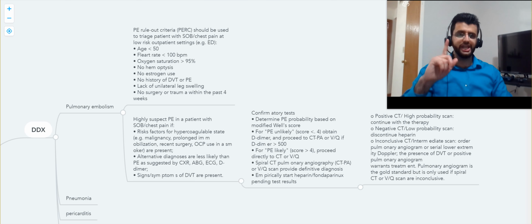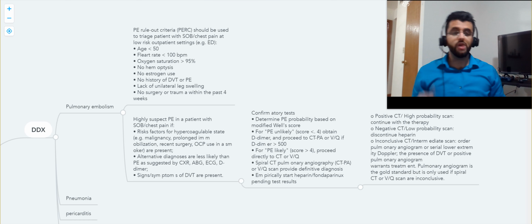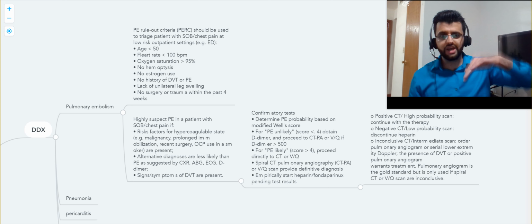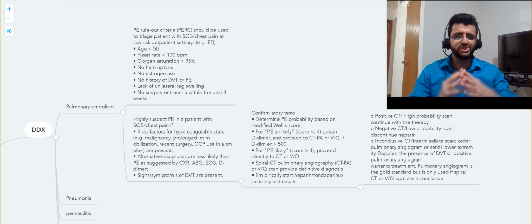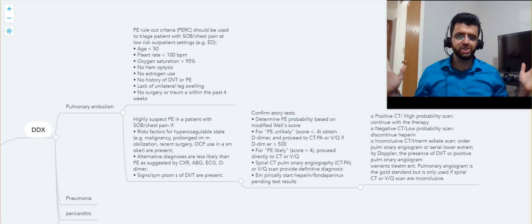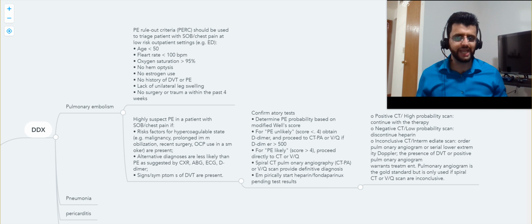Perfect. If the age is less than 50, heart rate less than 100, oxygen above 95, no hemoptysis or estrogen use or history of DVT, no unilateral leg swelling, and no surgery or trauma within the past 4 weeks. These are the criteria to rule out pulmonary embolism.